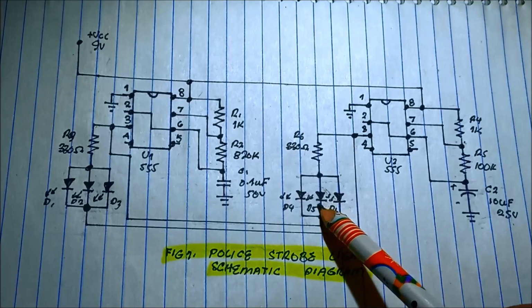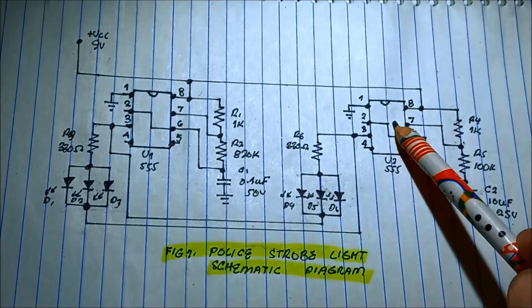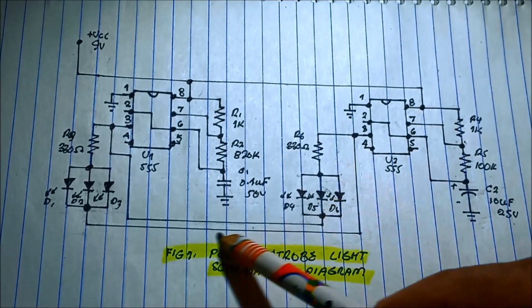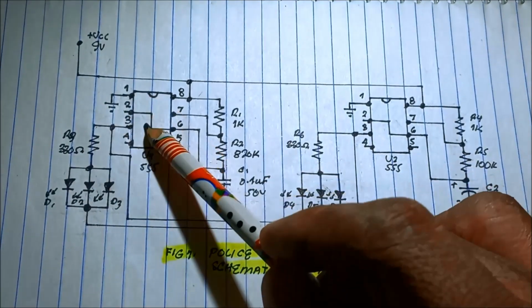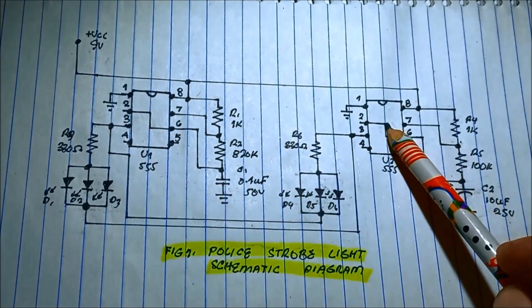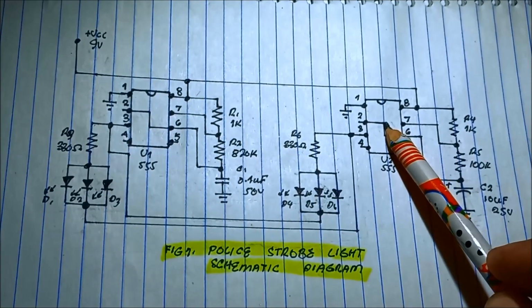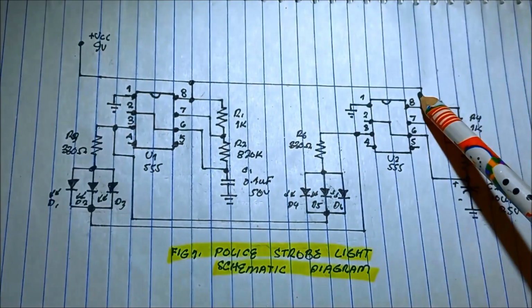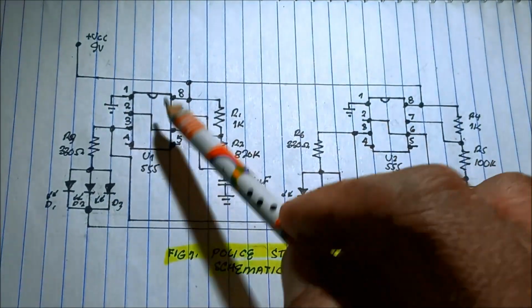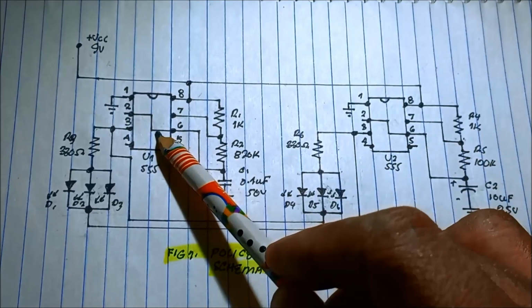If this is on, it means the 555 here is sourcing current, and this one is now sinking current. If this is sinking current, this one is sourcing, because it gets its power from the 9 volts. And it gets its power to the ground, sinking.